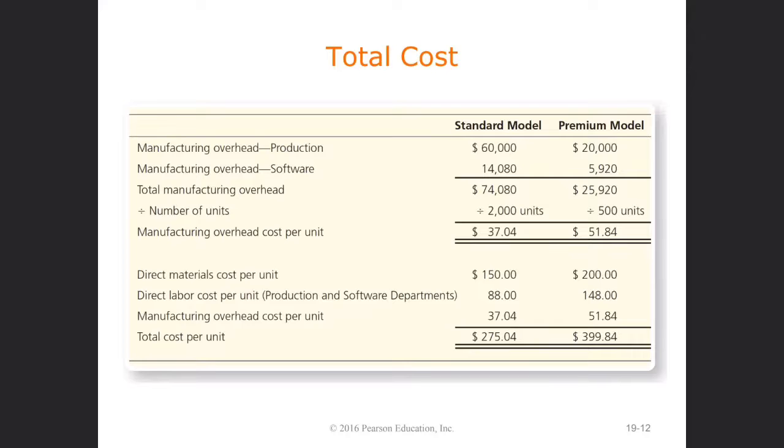We're going to add the production and the software manufacturing overhead to give us our total manufacturing overhead. And then to find the manufacturing overhead cost per unit, you take the total manufacturing overhead divided by the number of units, gives you your manufacturing overhead cost per unit.